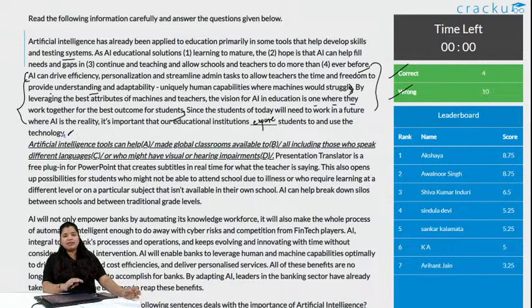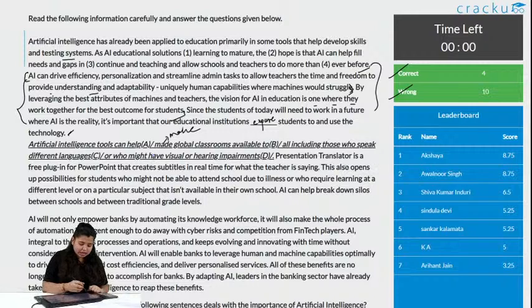So, the first paragraph deals with the education system, that AI should be integrated into the education system so that it can help teachers and students both. Now, let us see what the second paragraph deals with. Artificial intelligence tools can help make global classrooms available to all, including those who speak different languages or who might have visual or hearing impairment.